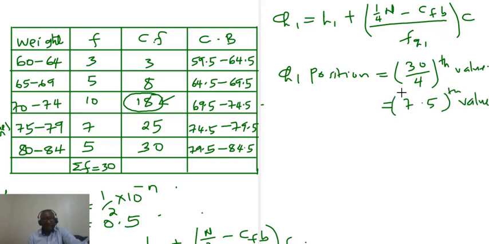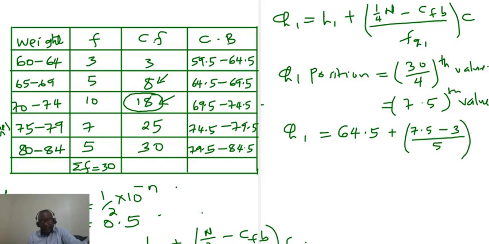Okay, now this value lies in 8 here, right? Yes, it's above 3, so it has to lie here, meaning that we can right away get Q1 from here. The lower class boundary of the lower quartile class is 64.5 plus this is 7.5 minus cumulative frequency before, which is 3, divided by frequency of the lower quartile class, which is 5, then times the class width, which is also 5.